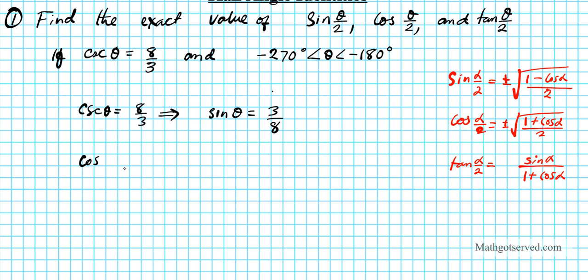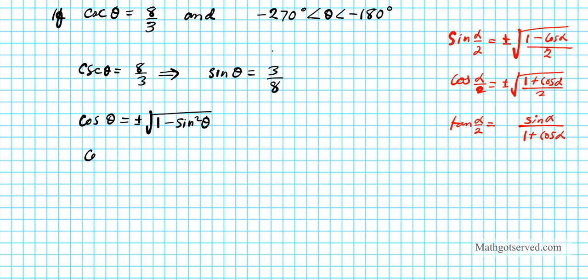We use the variation of the Pythagorean identity. Cosine theta equals plus or minus the square root of 1 minus sine squared theta. So let's put that in here. We're going to have cosine theta equals plus or minus the square root of 1 minus 3 over 8 squared, since that's the value of sine theta.